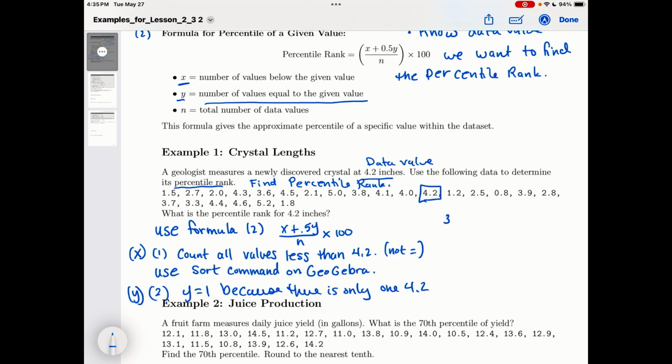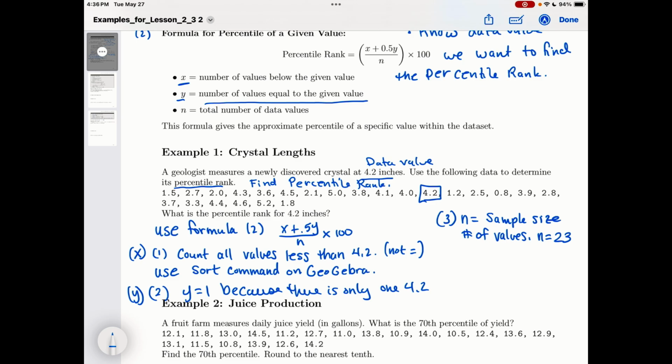For step 3, we find n, the sample size, which is the number of values. When we count the number of values, we have 23. So n is equal to 23.